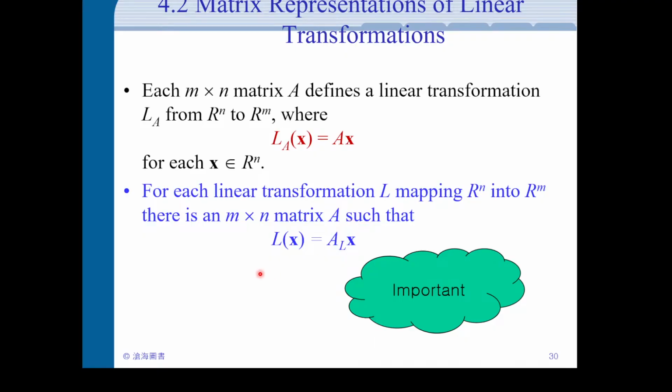Okay, so let's try to find this matrix A sub L. If we have whatever linear transformation L from Rn to Rm, how do we find the matrix A sub L that, if you just multiply it on x, will give us this linear transformation?